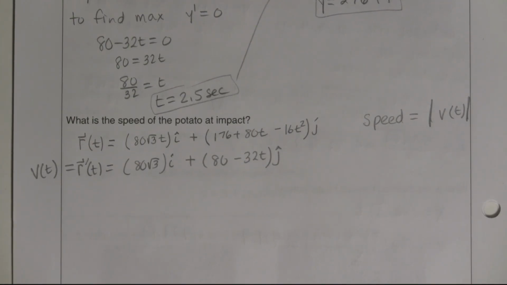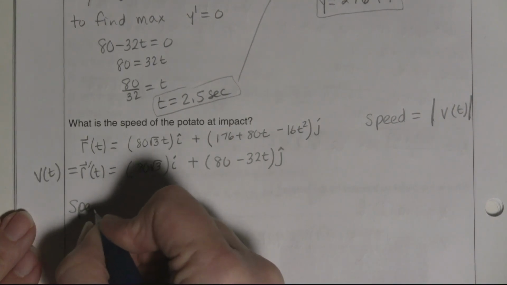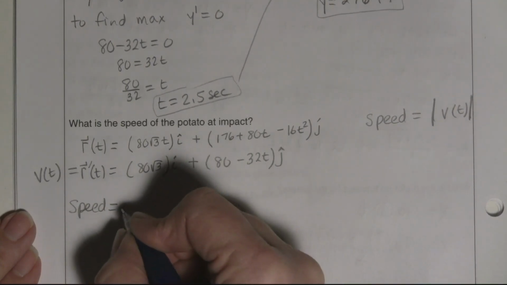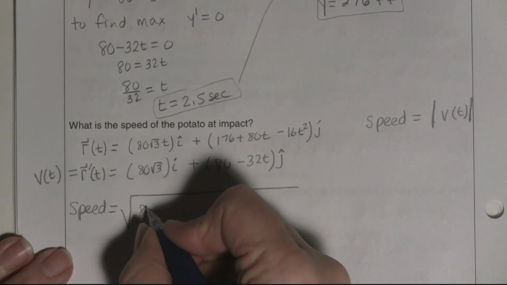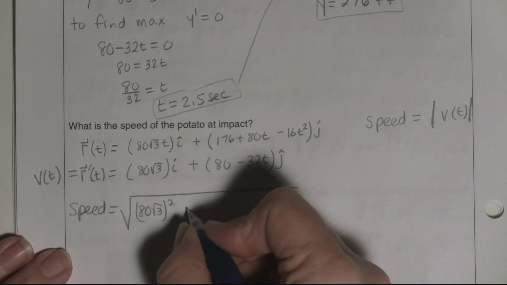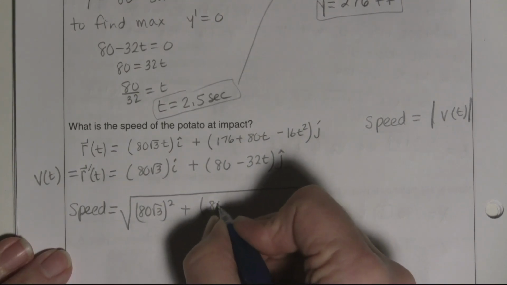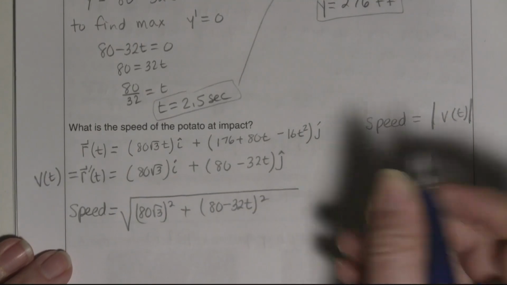So if you wanted to plug in what t is right now, that would be okay, or you could wait. So speed equals, your choice on whether you wait, this squared, 80 square root of 3 squared, plus this squared, right?